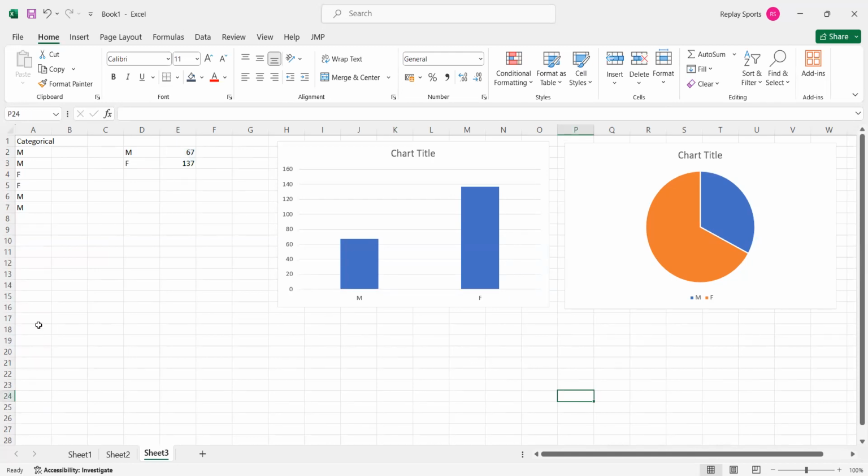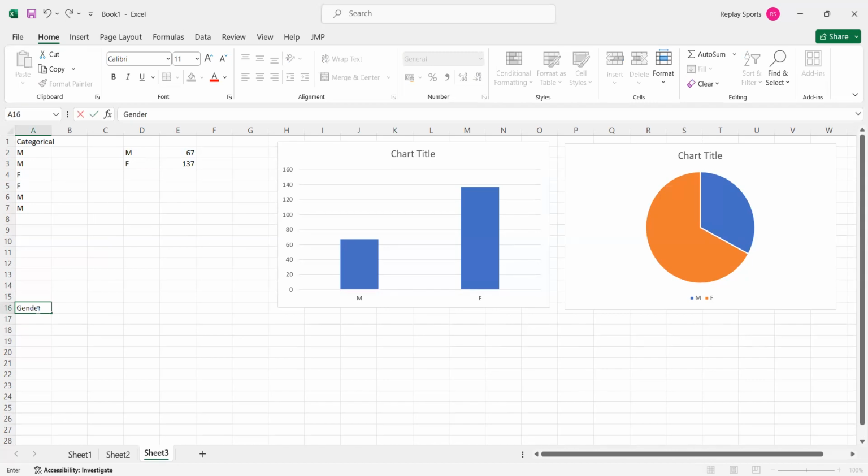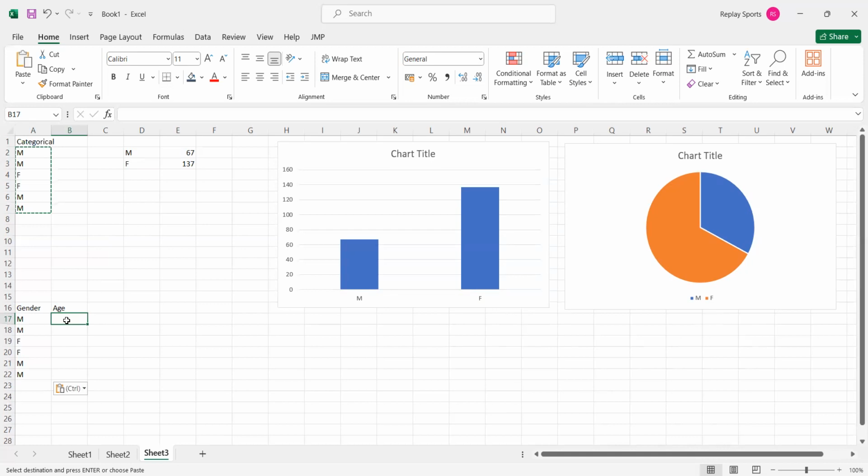Now, if you have one categorical and one numeric, let's say you have gender versus age. So here you will have gender, and here you have age.